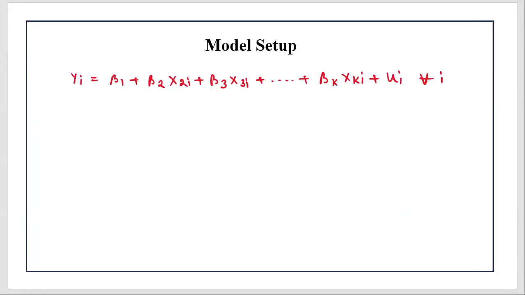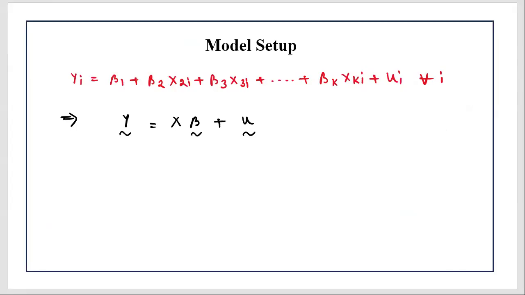And if you remember, in the previous video we converted this model into a matrix form, which gave us this reduced form: Y curl is basically X beta curl plus U curl. This curl represents the vector.